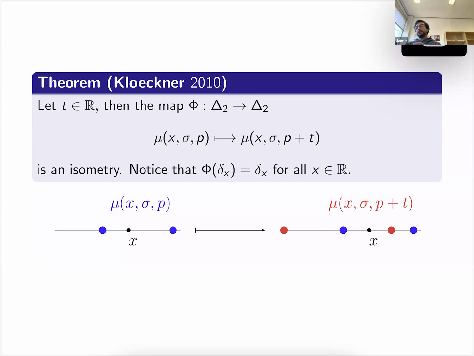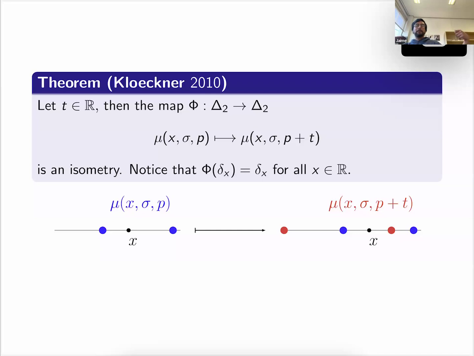And what it's going to do is that it's going to take, say, the atom on the left further away from x, while the other atom is going to get closer to x in order to compensate and make sure that you're still at distance sigma from the barycenter.